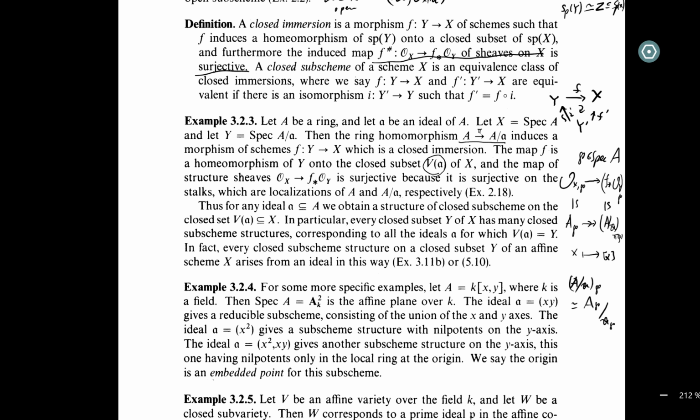Just writing in this language is okay, because we know localization is an exact functor.